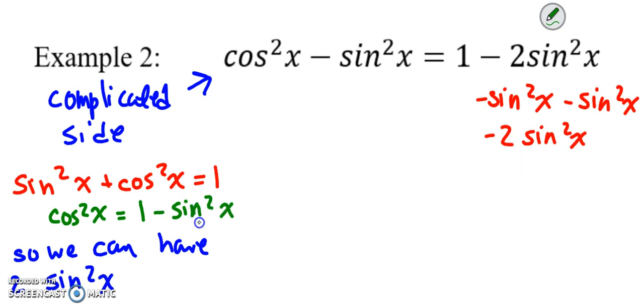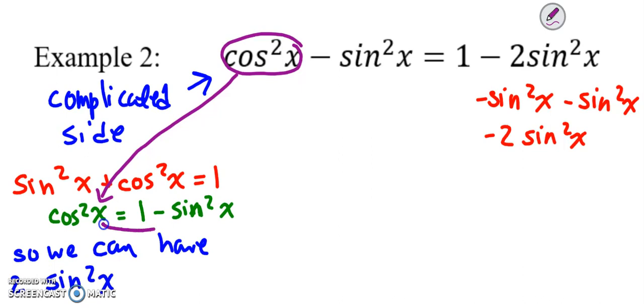And again, it's okay to manipulate it as long as you do it correctly. And these are proven identities, so you can manipulate those. Okay, so here, instead of writing cosine squared x, we can actually put the 1 minus sine squared x and hopefully have the two sine squared x's that we need for the problem. So instead of doing this, we're switching it over to this.